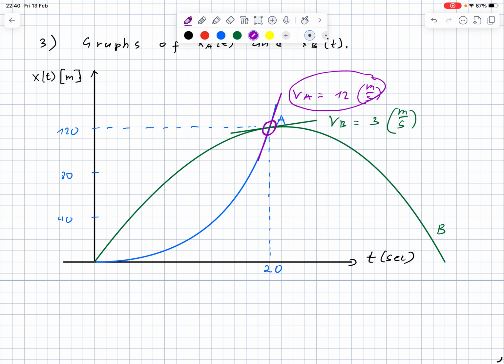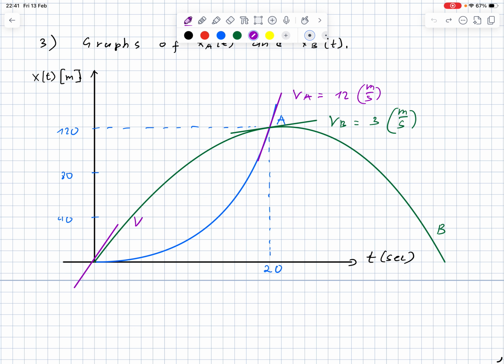Now what about B? We know that the initial velocity of object B was 9 meters per second. So it's the slope, or instantaneous slope or tangent, which is V0B equals 9 meters per second. And this is an unhappy parabola, as I said before.